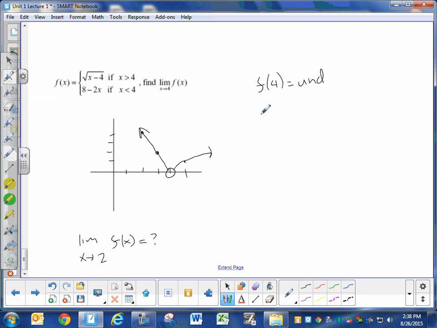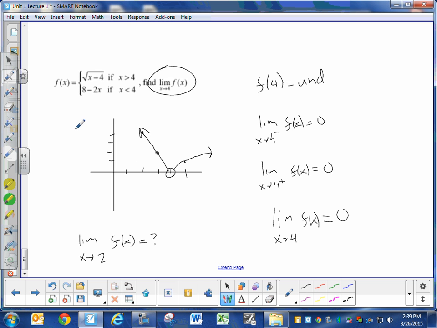What we do have is a limit, because the limit as x approaches 4 from the left is equal to 0, and the limit as x approaches 4 from the right is also equal to 0. Okay, so that means the limit in general as x approaches 4 is equal to 0. Now, that kind of tricked me, actually. I was thinking it's 4. Here's a 4. So we did that problem.